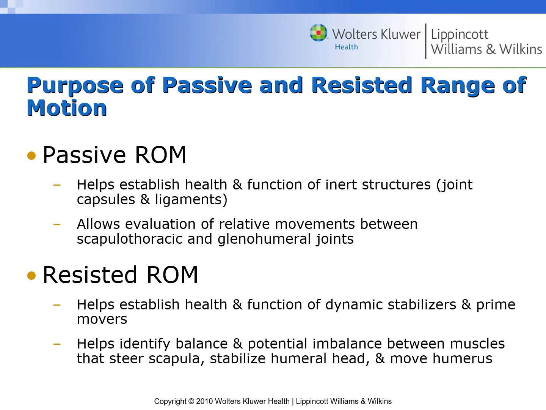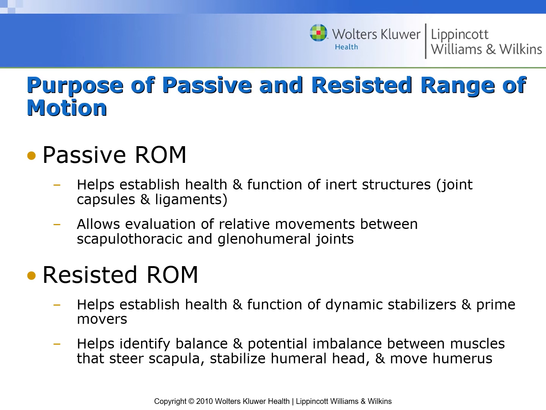Now let's talk about the purpose of the passive and resisted range of motion techniques that you will use as a therapist. Passive range of motion helps establish health and function of inert structures, such as the joint capsule and the ligaments. It allows evaluation of relative movements between the scapulothoracic and glenohumeral joints.